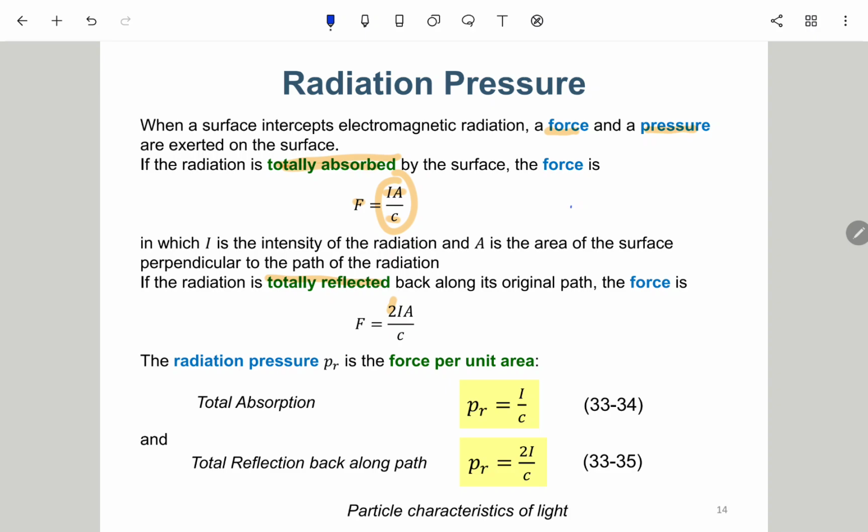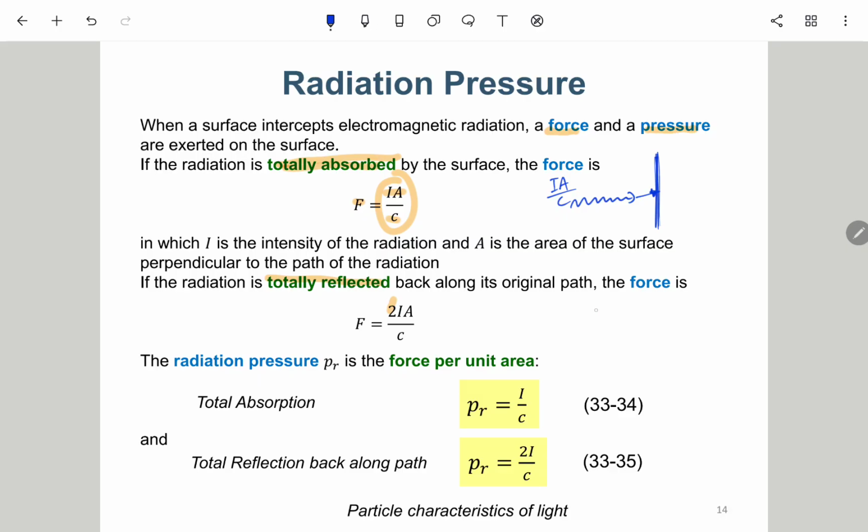Here we have, let's say, a beam of photons hitting something. If it is totally absorbed, of course, there will be something like IA over C here. So the force will be something like that.